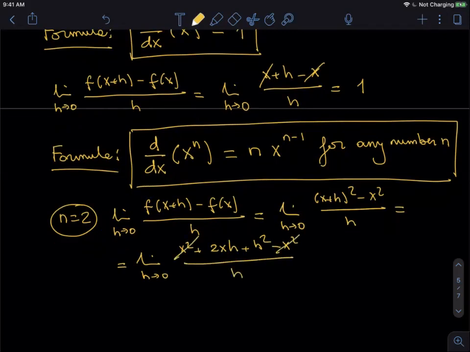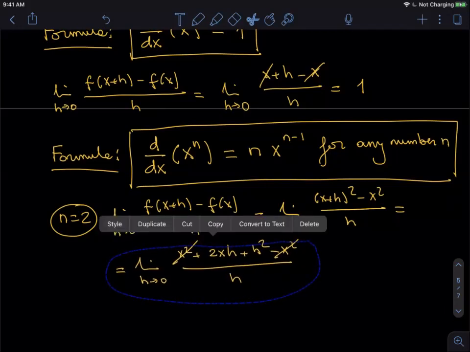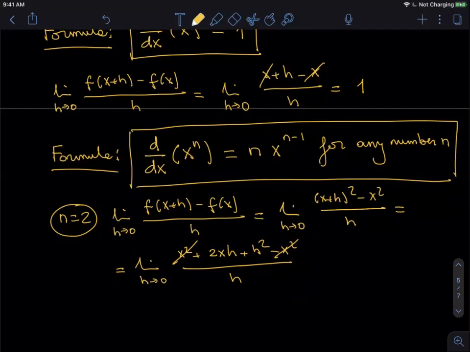The x squares go. All right, and then we can simplify the h, right? And take the limit. So we get 2x. And this is in agreement with the formula because you see n was equal to 2, so 2 goes in front. And then we have n minus 1, which is 2 minus 1 makes 1 for the exponent, okay?